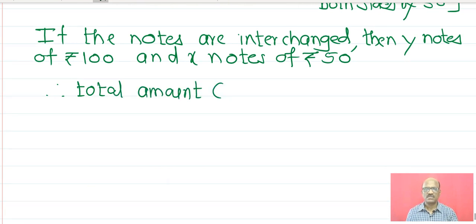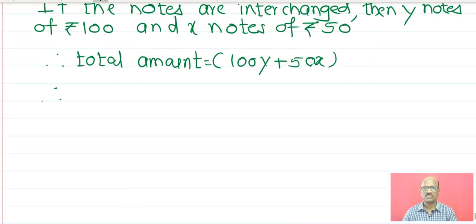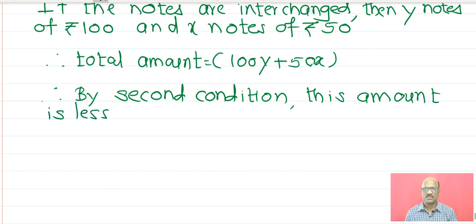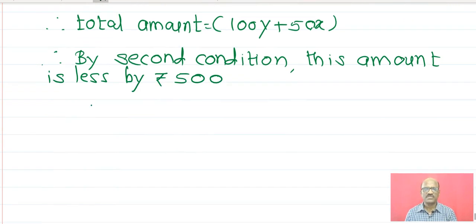Therefore, the total amount is 100y plus 50x is equal to, that is, by the second condition, this amount is less by ₹500.